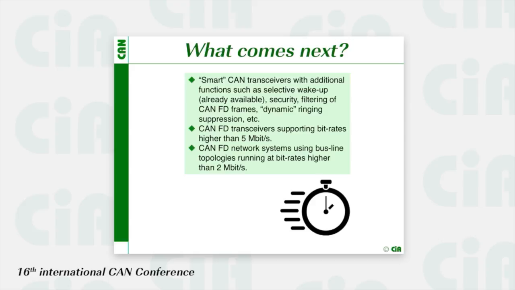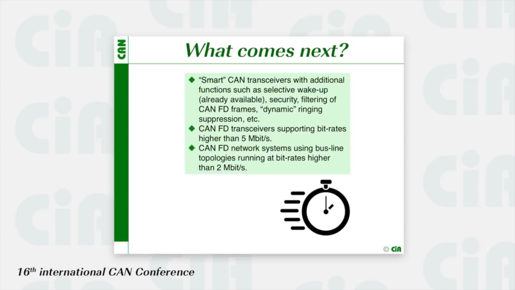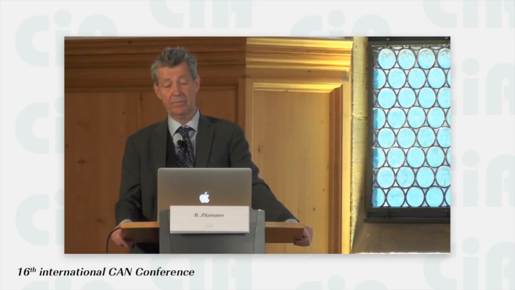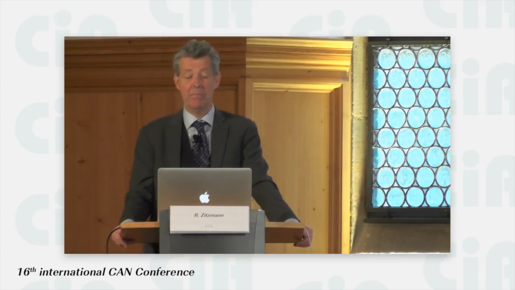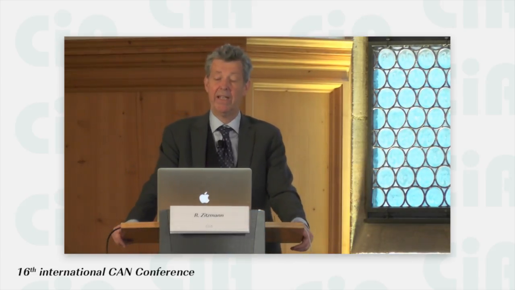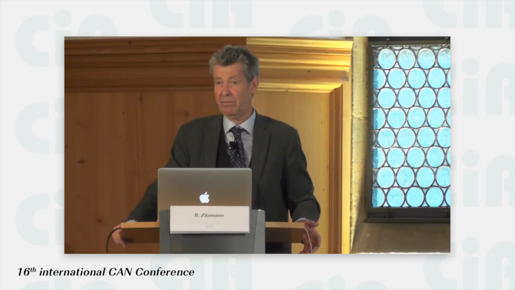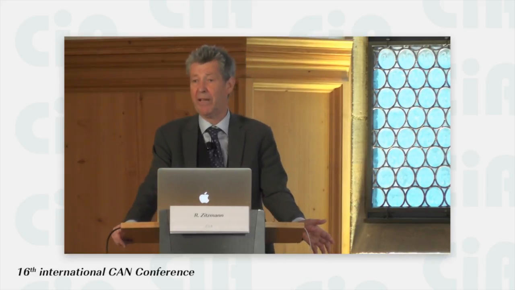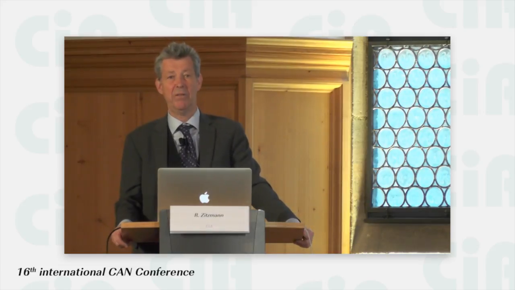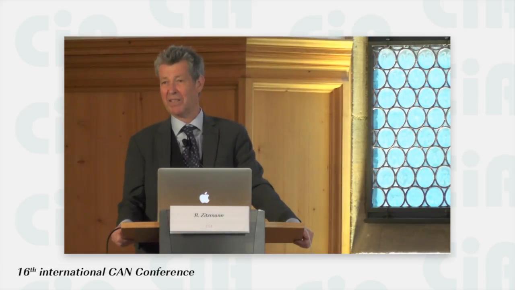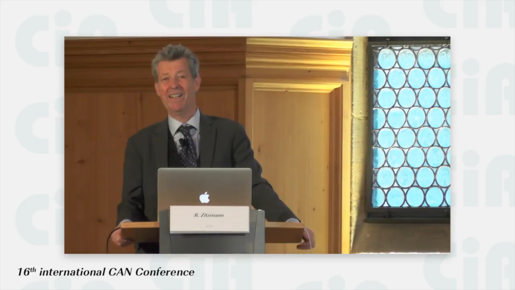And I hope that we will have, maybe in a couple of years, some more specifications for transceivers which can go for higher bitrate than 5 megabit per second. And also, I hope that we can achieve bus line topologies running at higher bit rates than 2 megabit per second. These are the challenges which we have to face, and I think maybe it's not 10 years, it should be then 2 or 3 years that we achieve that.